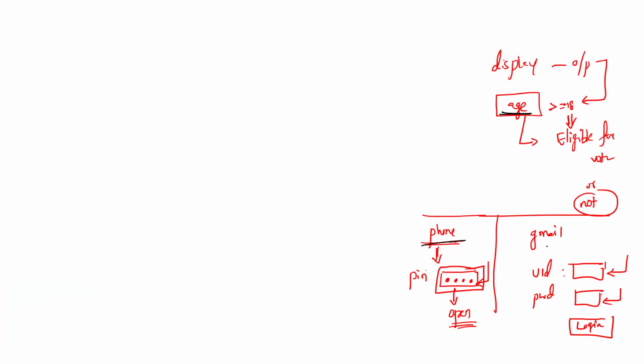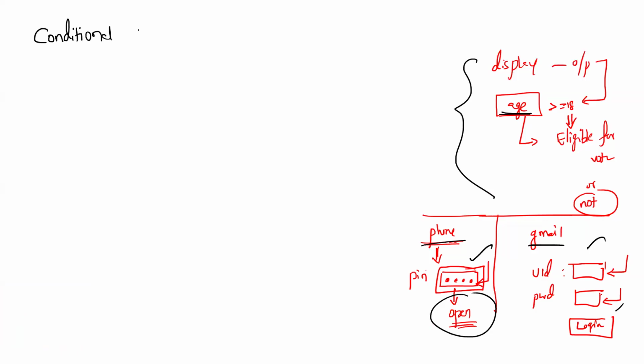Then for these concepts, we have to go for the next one, the conditional statements concept. To fulfill such requirements, based on some condition, display some results. For such things in Java, we have conditional statements. So just for our understanding, what is the definition of this?